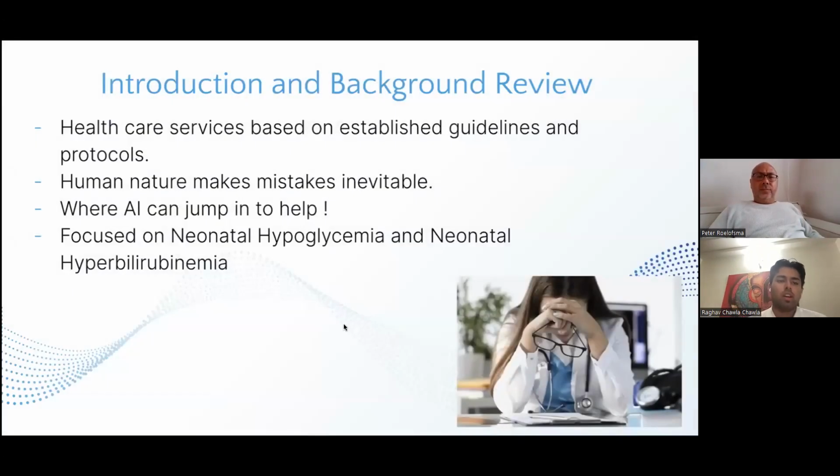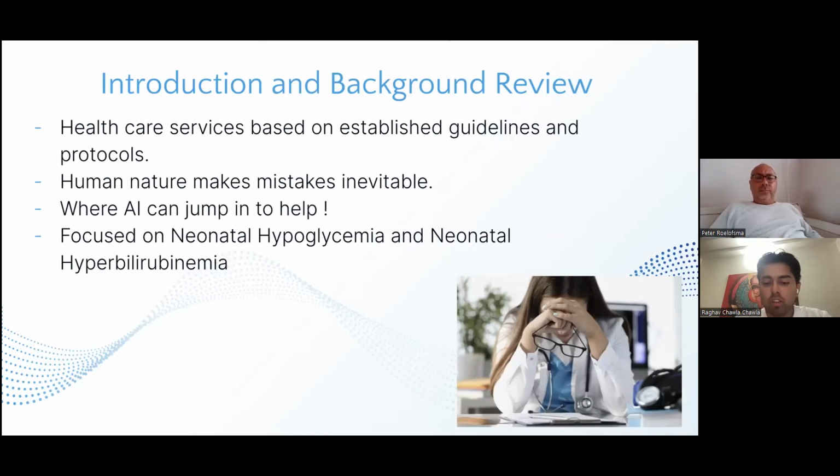So, around the world, healthcare services are provided in healthcare centers by doctors who are healthcare practitioners, and they work on established guidelines and protocols, which they learn through years of training.